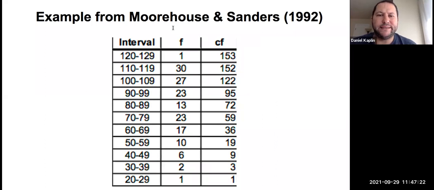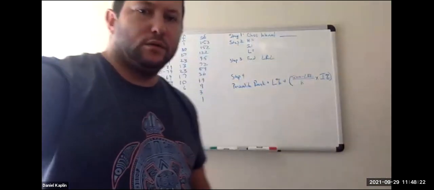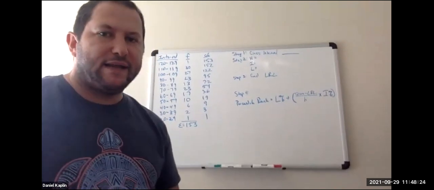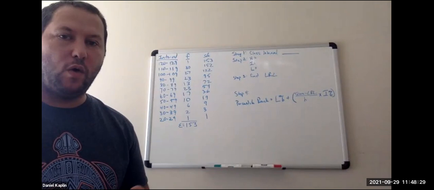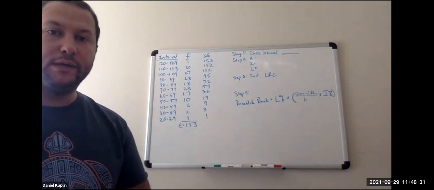All right, so let me stop this share, and I'm going to move over to the whiteboard. Okay, so what you can see here is that I've just transferred the data set onto the whiteboard.